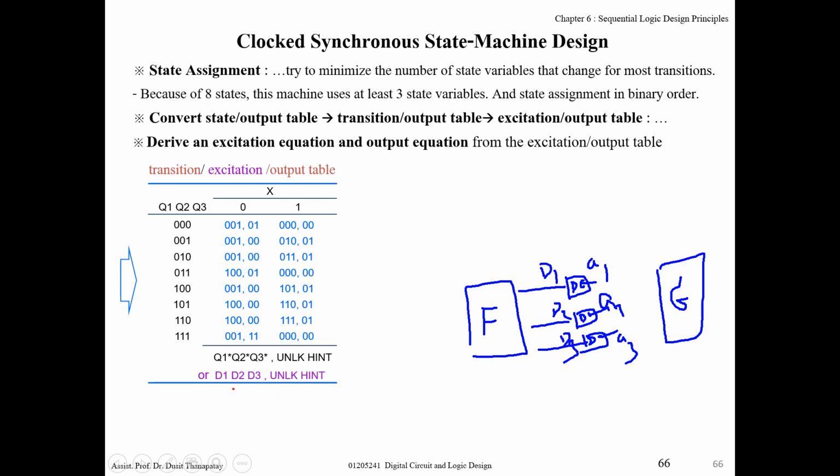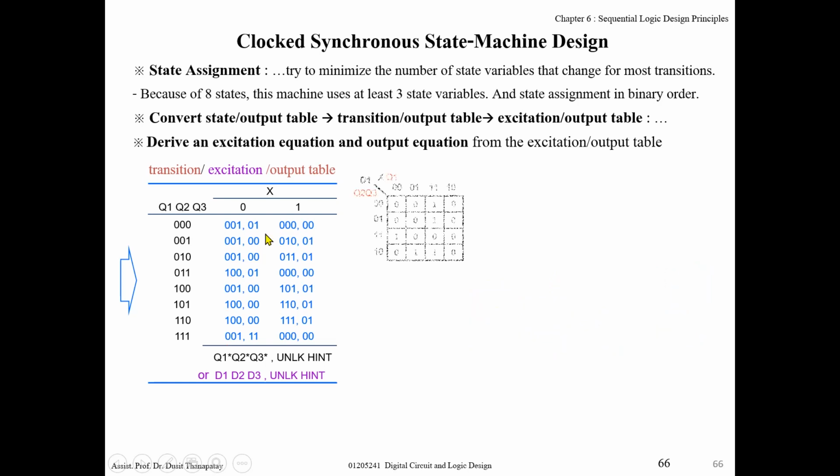So from this one, if you want to find the equation for D1, you just consider this bit, right? It's the value of D1.